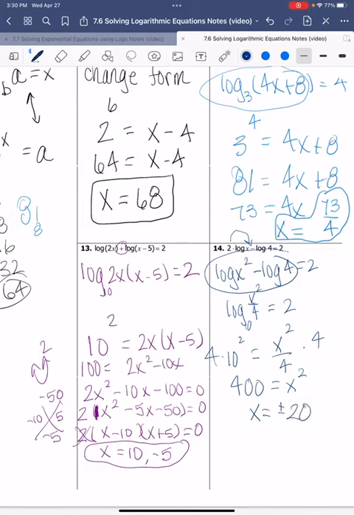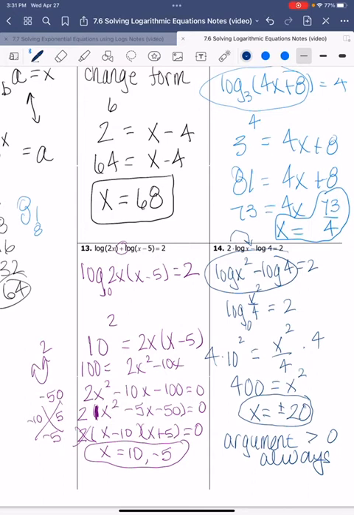Okay. But now there's a problem. So we need to go back and we're going to adjust a couple of these answers. The argument of a log must always be greater than 0. Always. It's the domain.